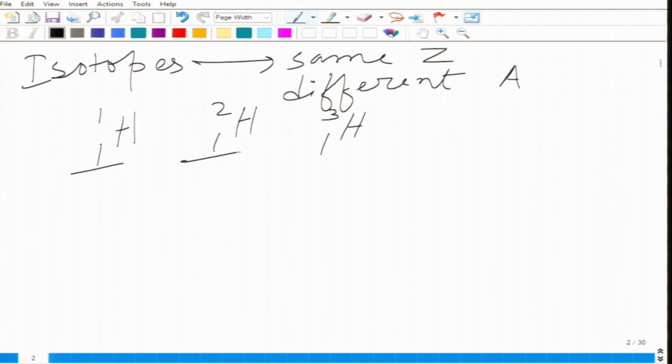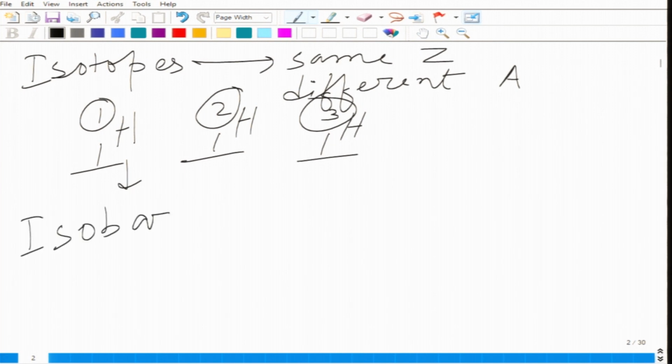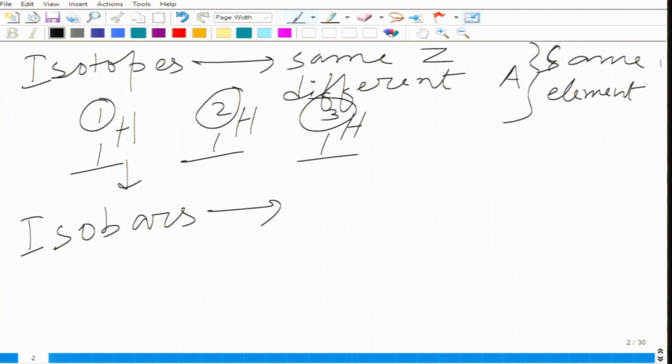For all of them, atomic number is 1 and the mass number is different, right? So, these are isotopes. Isotopes are always the same element. So, they will have the same chemical properties but different physical properties, and they also may have different reactivities.